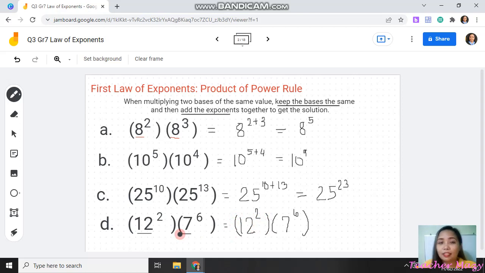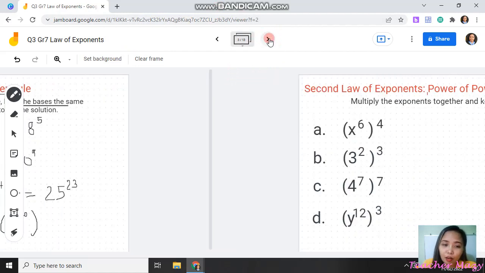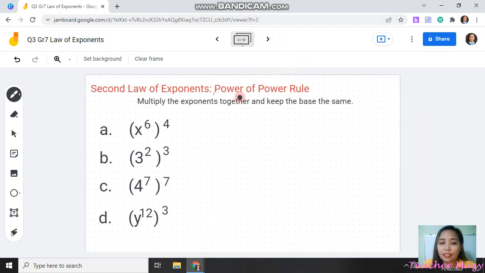Okay, so that is the first law of exponents or the product of power rule. By the way, when we say power, it is another term for exponent. So exponent is power.